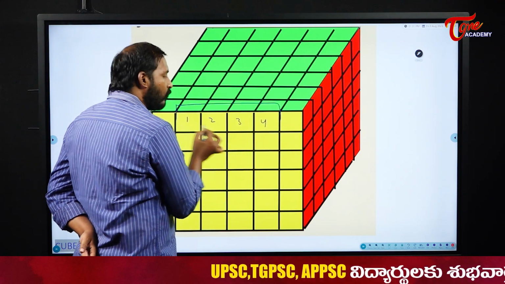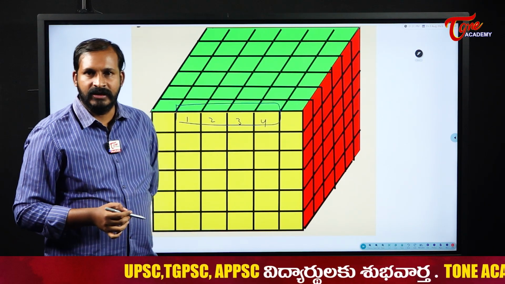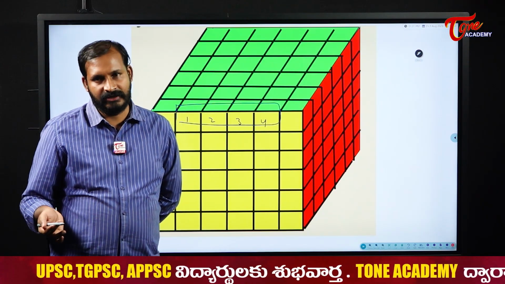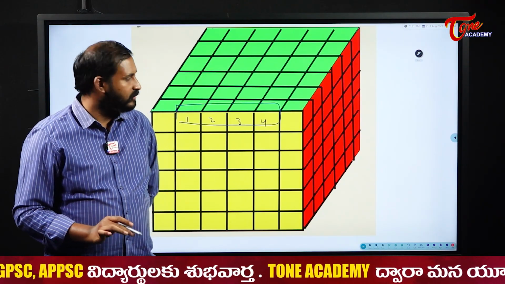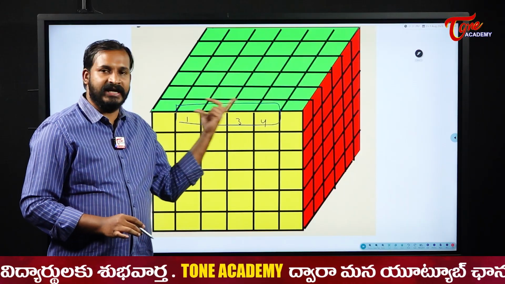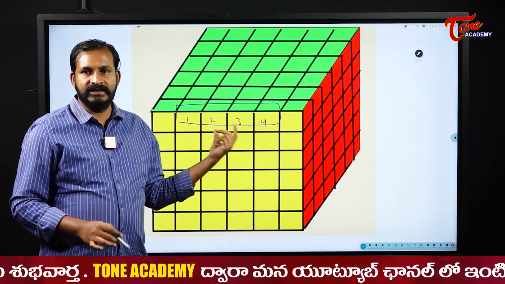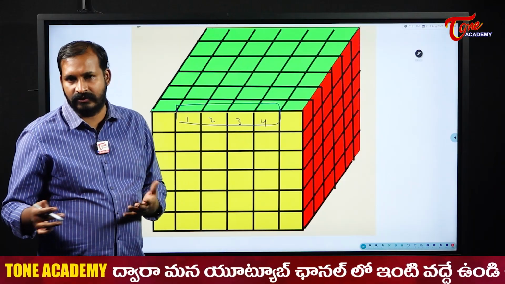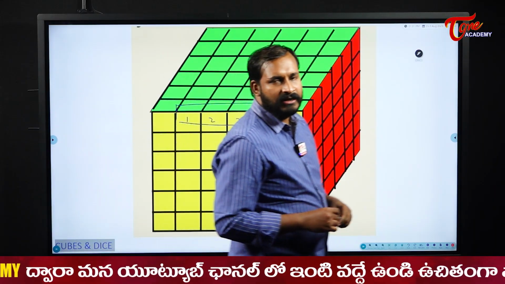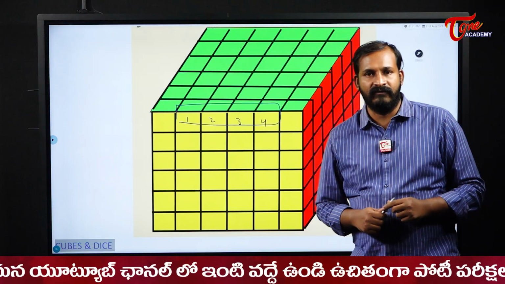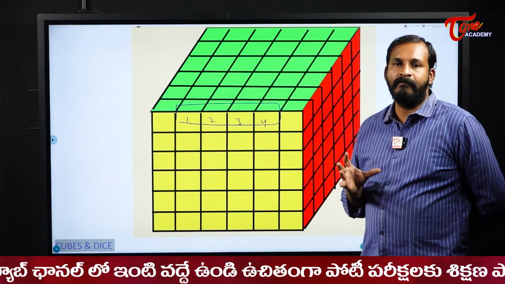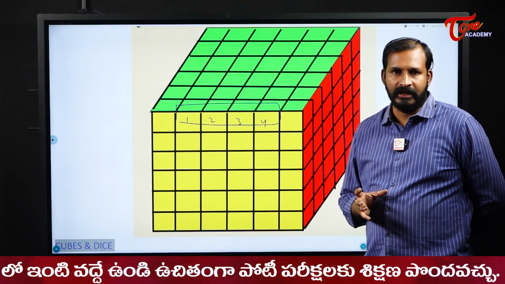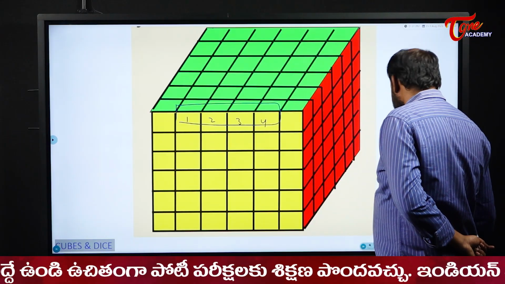Total how many edges I have? 8. 8 4s are 32. Like that also you can do it. Just count it edge by edge. 8 into 4, 32. Like that also you can do. But it will be a little bit confusing if you are not drawing this diagram perfectly. Okay, please be careful with that one.